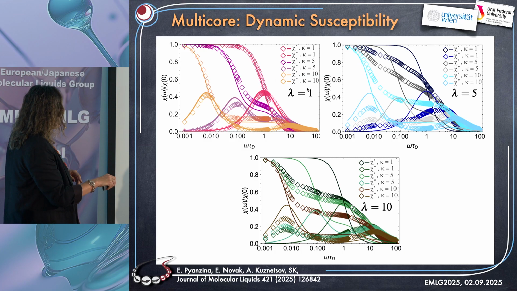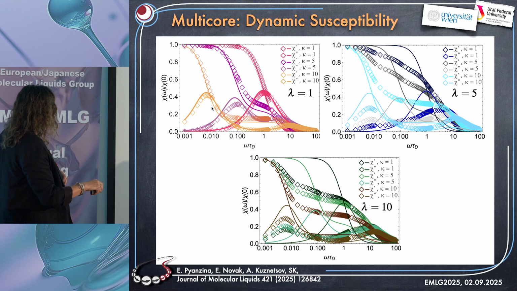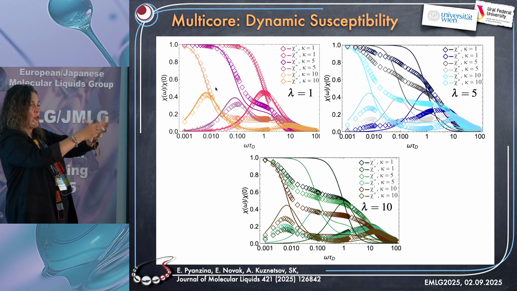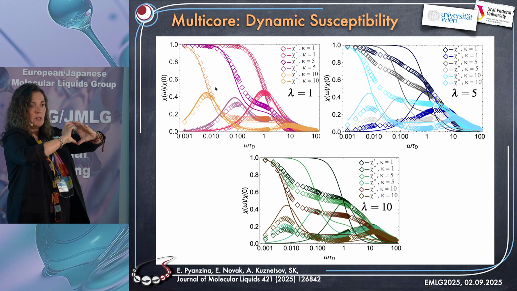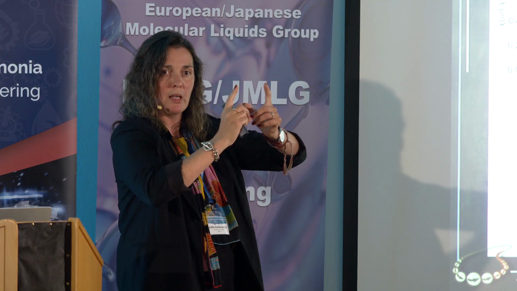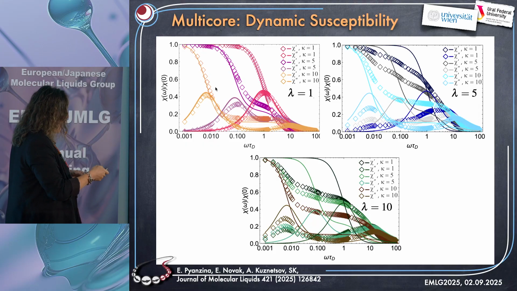If you have very weak interactions and very strong anisotropy, it's basically a Debye spectra with a peak that is the rotation of the whole multicore particle, because everything else is blocked by the anisotropy inside the cores. Right. And what happens here is that you still see a small appearance of this.